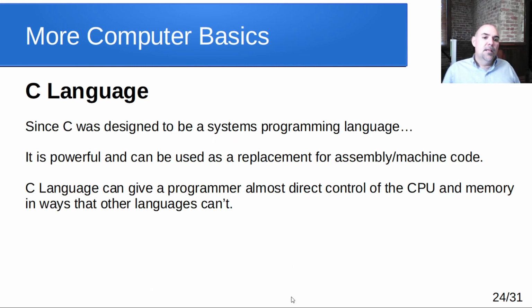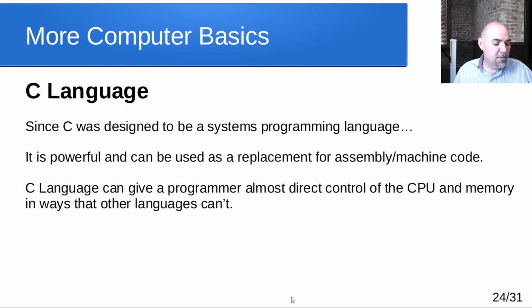Okay, now a couple additional things here. Since C was designed to be a systems programming language, it was by nature designed to be powerful and used as a replacement for coding directly on the hardware in machine code or assembly language. And that's where it gets a lot of its power from. It gives you direct control over the CPU and direct control over memory in ways that other languages cannot.